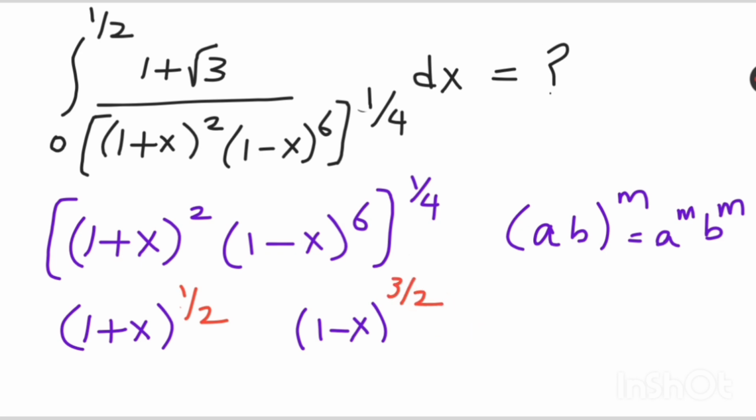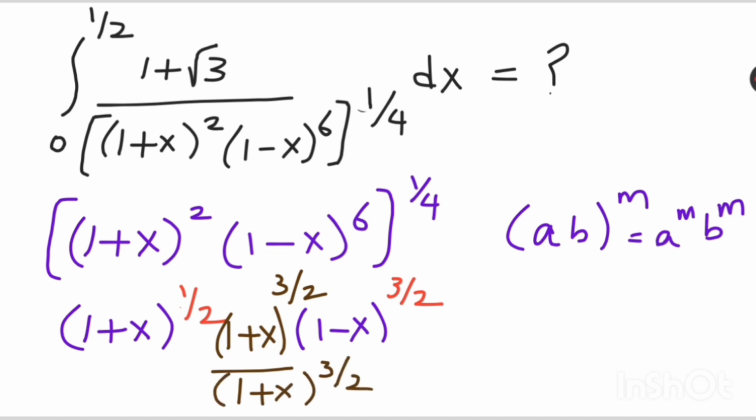Still the denominator looks difficult to integrate, so let's simplify a little bit more. Here we have to multiply and divide by (1 plus x) whole raised to the power of 3 over 2. Now observe this (1 plus x) raised to the power of 1 over 2, and here also (1 plus x) raised to the power of 3 over 2.